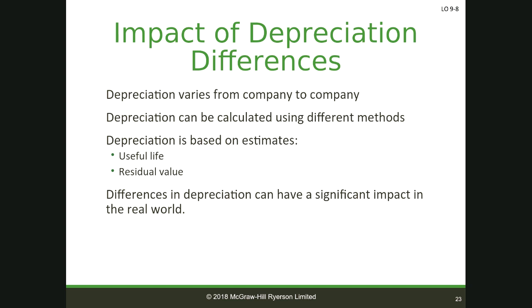What is the economic useful life? Management teams may well have a different answer than another company's management. So again, what can happen is the profit of different companies can look very different depending upon the depreciation methods that are being used by the organizations.